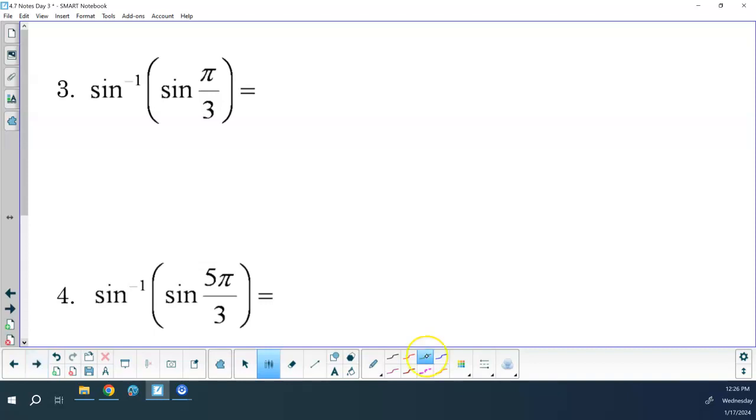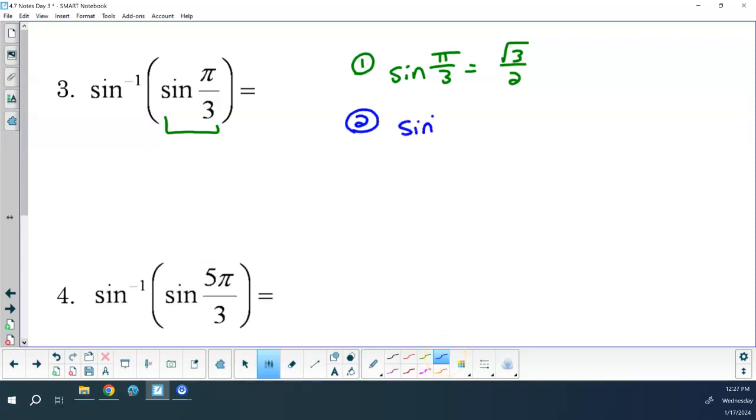But the way you go about doing it is still the same. So first off, you'd figure out what the sine of pi over 3 is. And the sine of pi over 3 is the square root of 3 over 2. So then you take the inverse sine of the square root of 3 over 2.